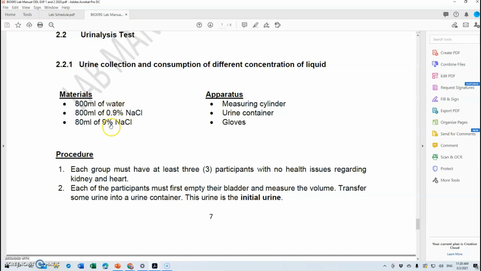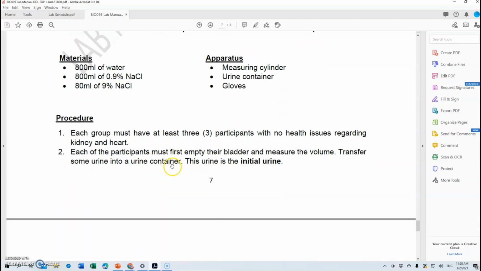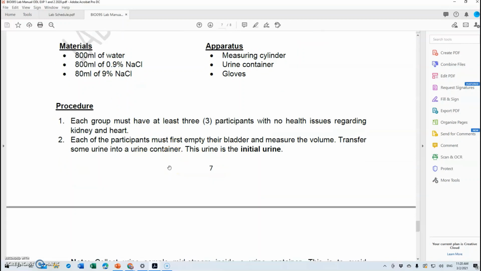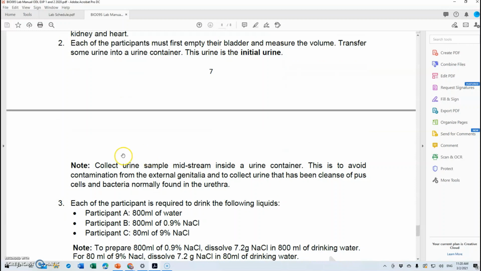Take your urine sample, measure the amount of urine you produced, and also observe the initial color of the urine, to compare with the urine after you have drunk these 3 solutions. Note: collect the urine sample midstream inside a urine container.